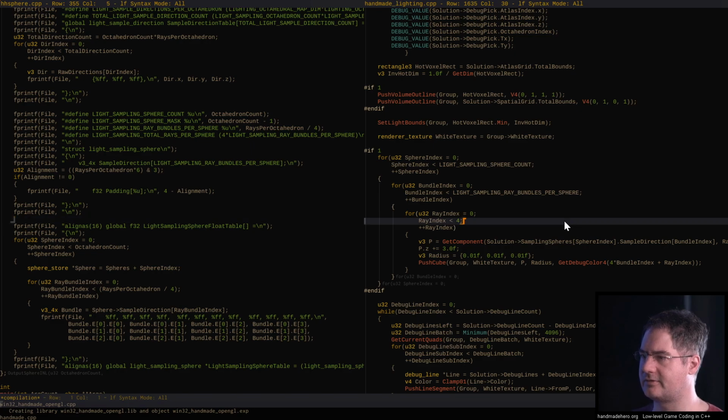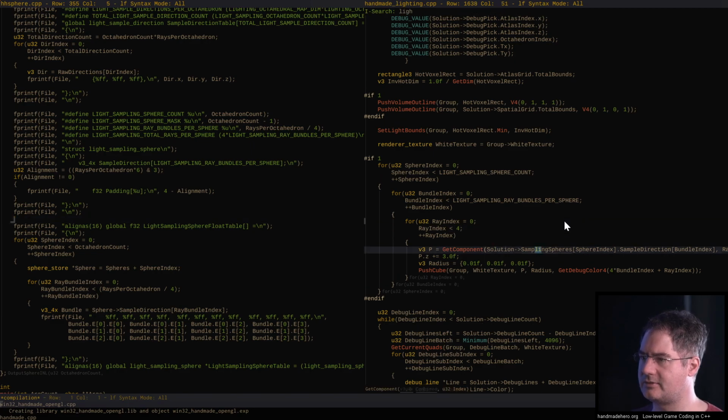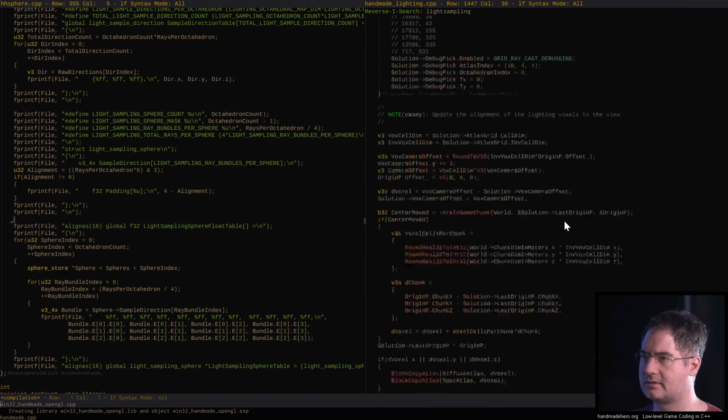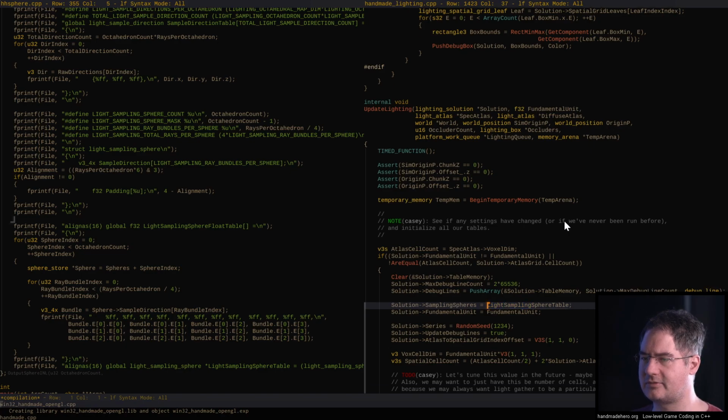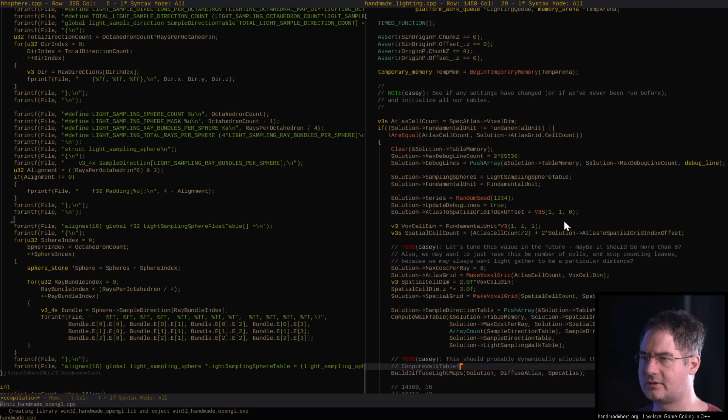Light sampling sphere float table. Do we use that? What is that used for? There's a light sampling, so the sampling spheres are here. And the directions, why are there two? We haven't done this in long enough that I don't remember why it's doing it this way.